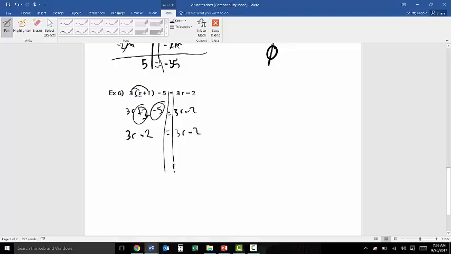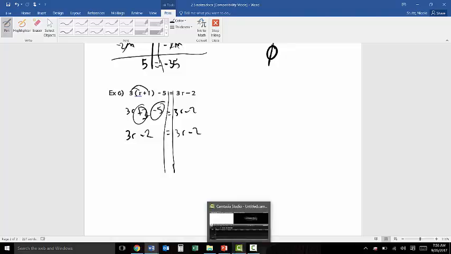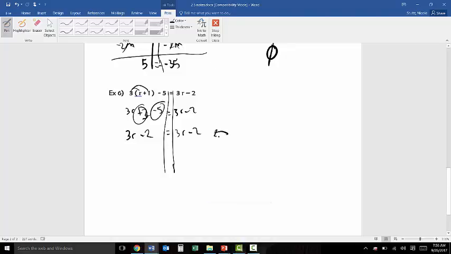And you can keep going if you want, but I just kind of freeze because you look at both sides of this equation, they're the exact same. So what's going to happen is the 3 r's are going to just be eliminated, and you're going to be left with -2 equals -2. So when that happens, that means that you actually have infinite solutions.